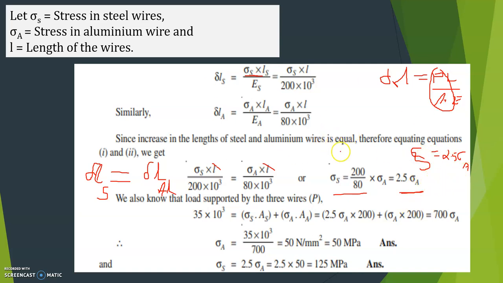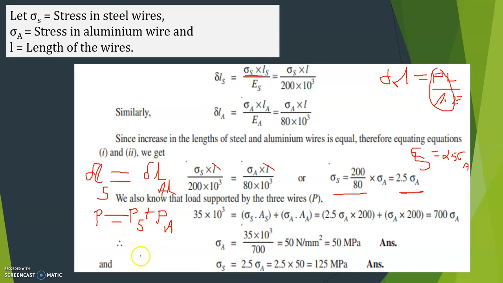Second rule: the total load is equal to the load taken by the steel plus the aluminium, right? So the total load P is equal to P of steel plus P of aluminium. What is P of steel?